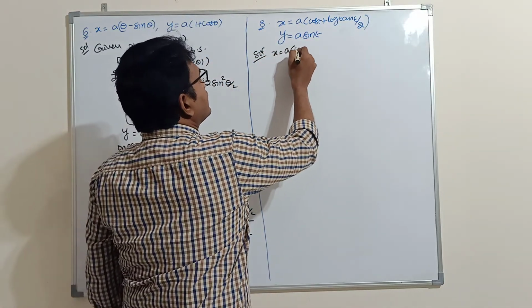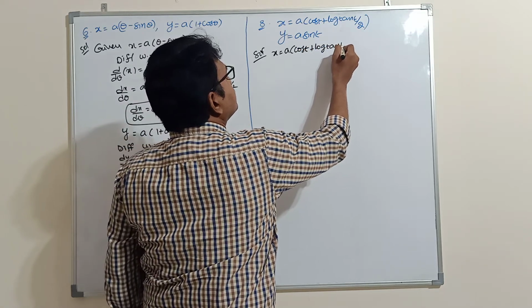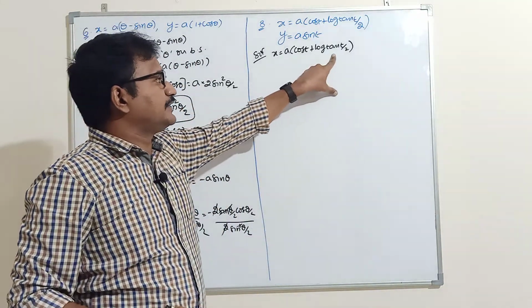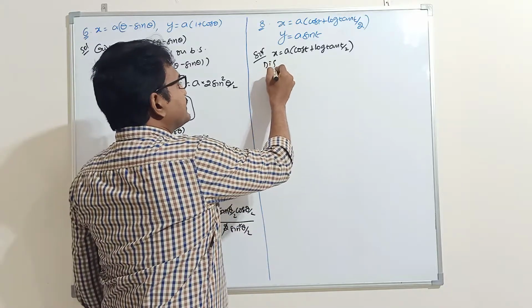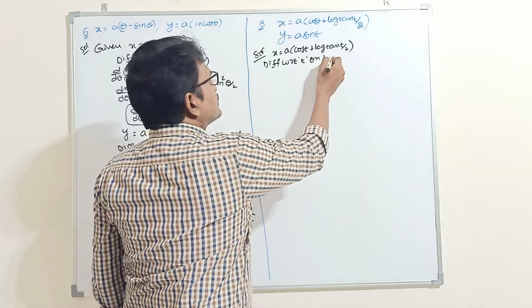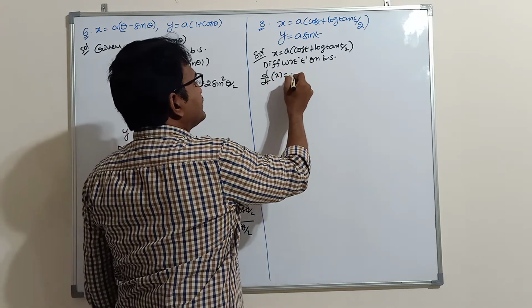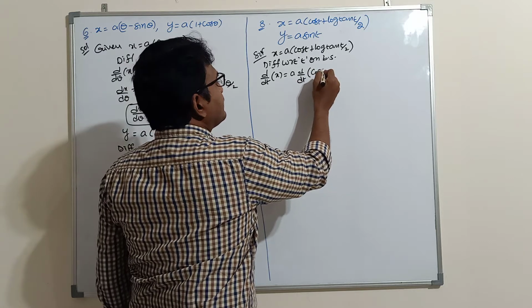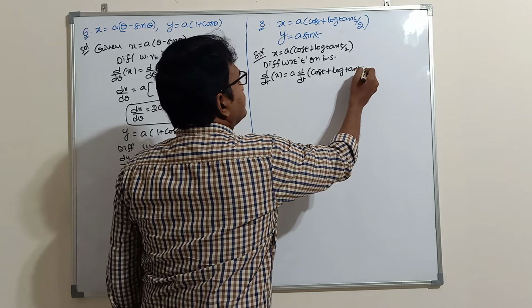Next, eighth problem: x is equal to a into cos t plus log tan t by 2. Here equation x is given in the form of parameter t. So differentiating with respect to t on both sides, d by dt of x is equal to a into d by dt of cos t plus log tan t by 2.